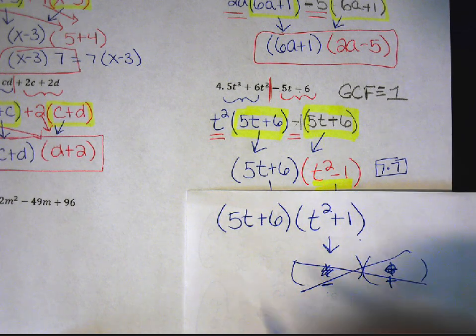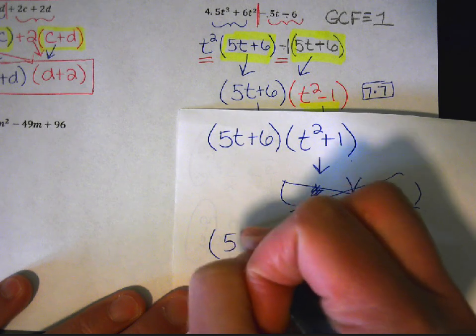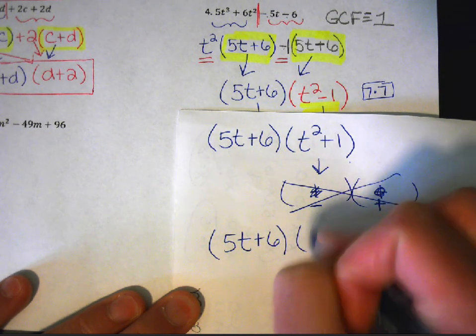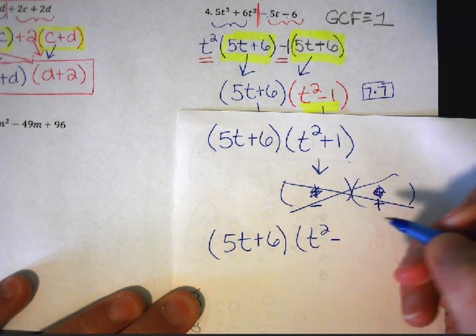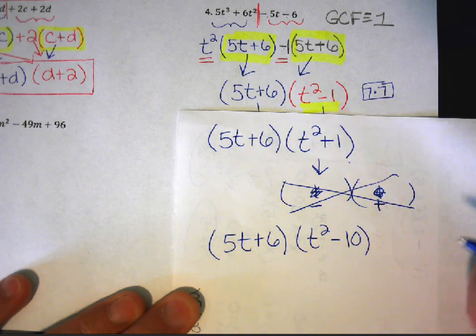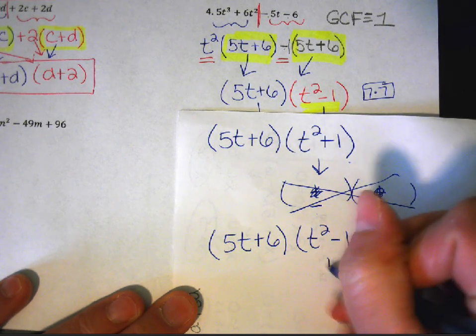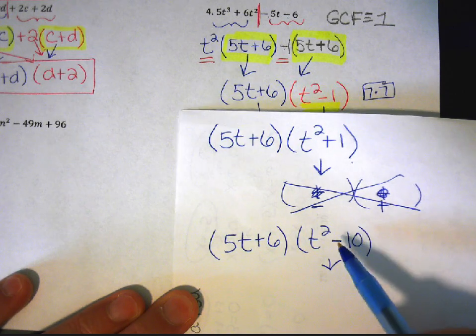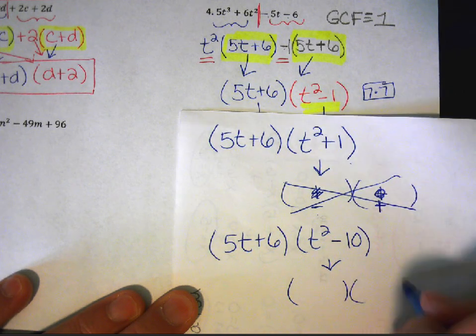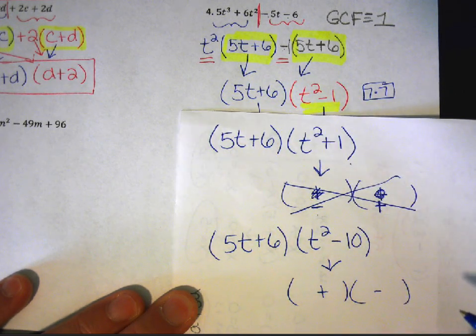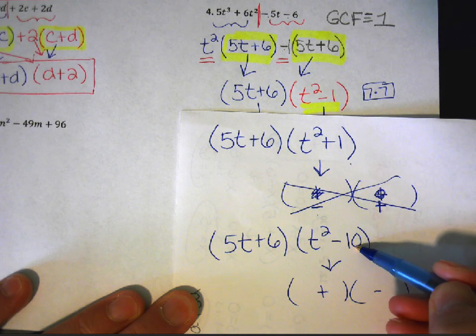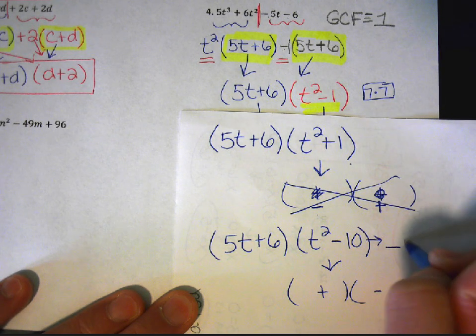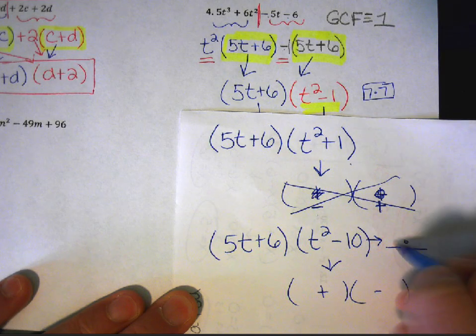What if you had a problem that looked like this? So I'm keeping the first one the same, minus 10. Would you be able to go any further? I like the minus, so your brain might be thinking plus, minus, but 10. Are there any numbers that will multiply to get 10 that are themselves?